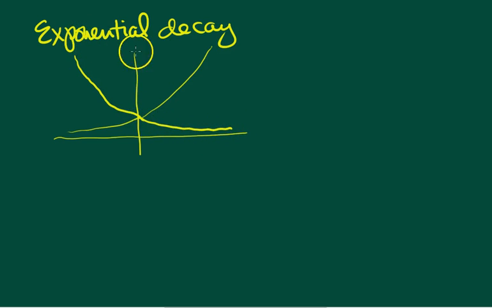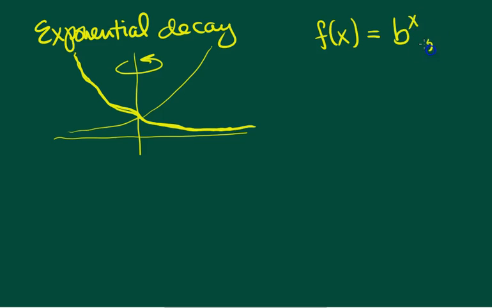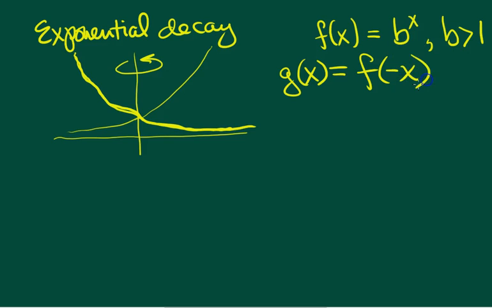Now, from our study of pre-calc, we know that if we want a graph to take this action of being spun around the vertical axis, let's say that f of x here is b to the x with b greater than 1, then the second graph that we drew, we would produce it from f of x by making the input to the function negative x.